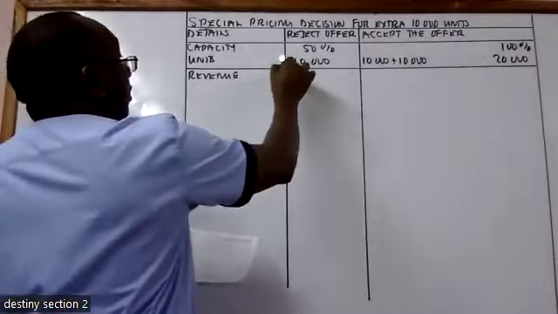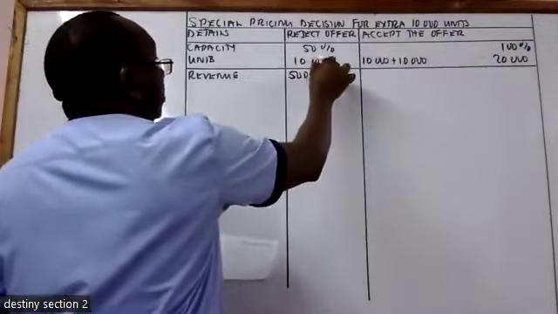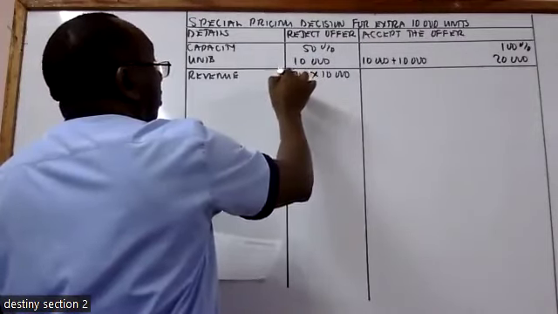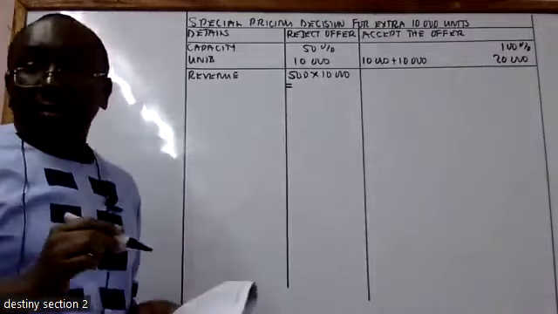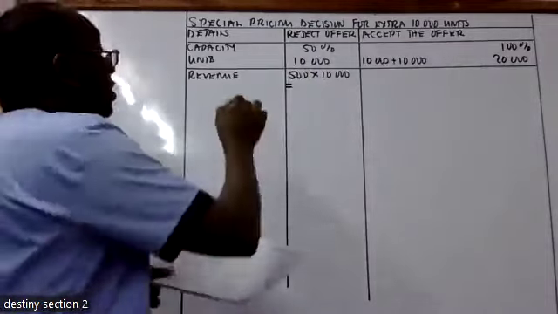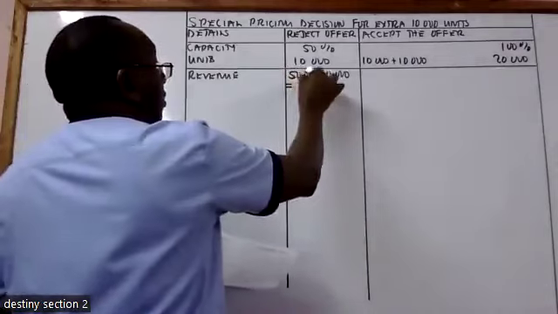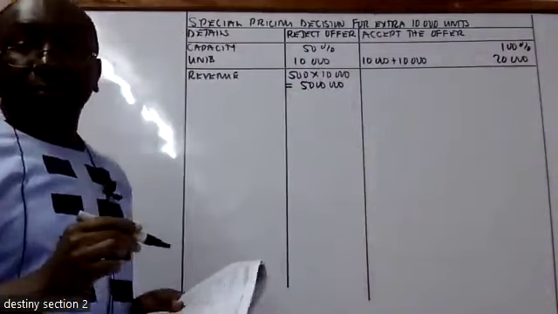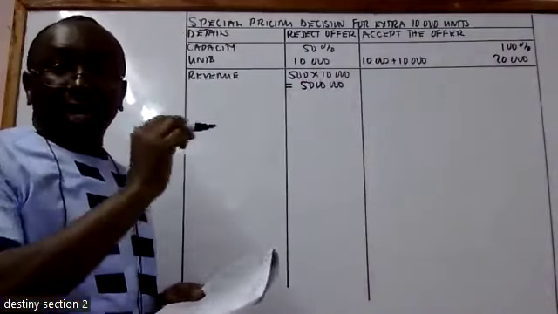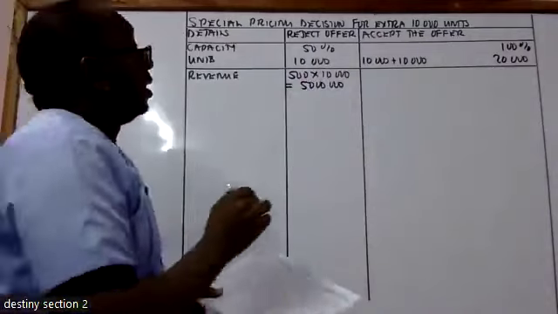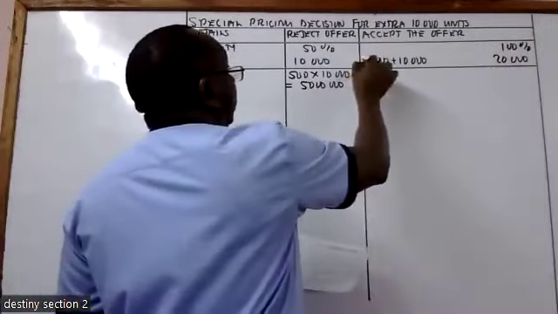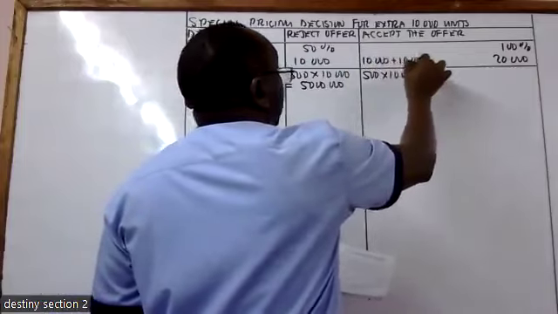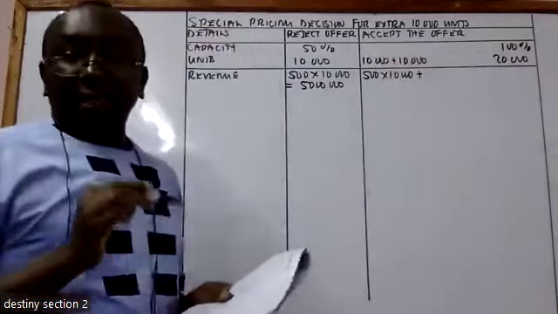I'm saying 500 times 10,000. 5 million. So the revenue is 5 million. When you go to the other side, the revenue will be 500 times 10,000 plus the additional units.